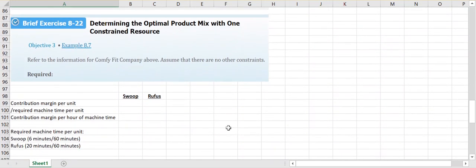So we need to look at how much time each one of these sweatshirts is taking. We know our Swoop sweatshirt takes 6 minutes through that stitching machine, and there's 60 minutes an hour. And remember, that's what our constraint is, the number of hours available. Our Rufus sweatshirt takes 20 minutes in the stitching machine, and that takes 0.33 hours to get through. So, contribution margin per unit.